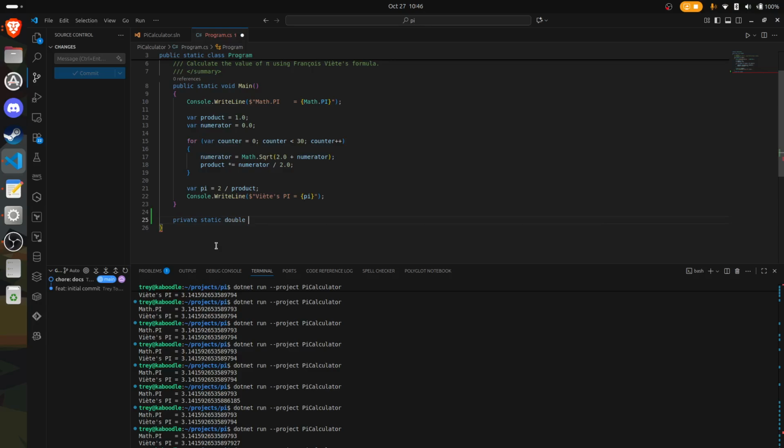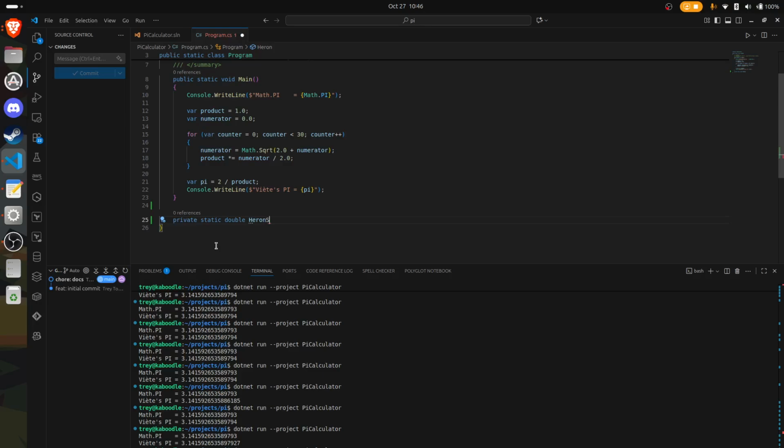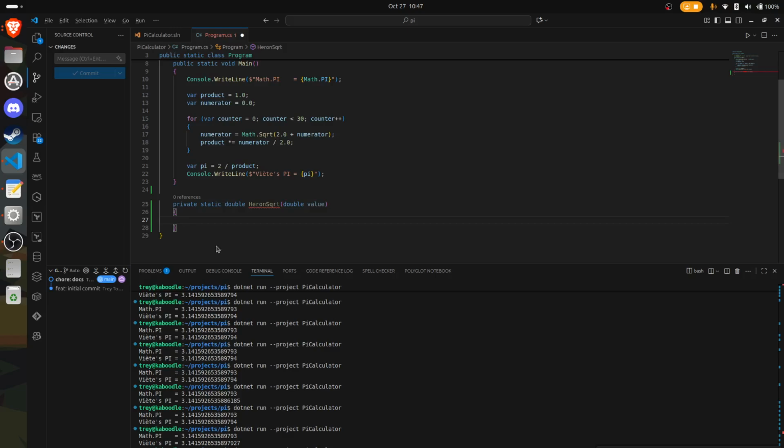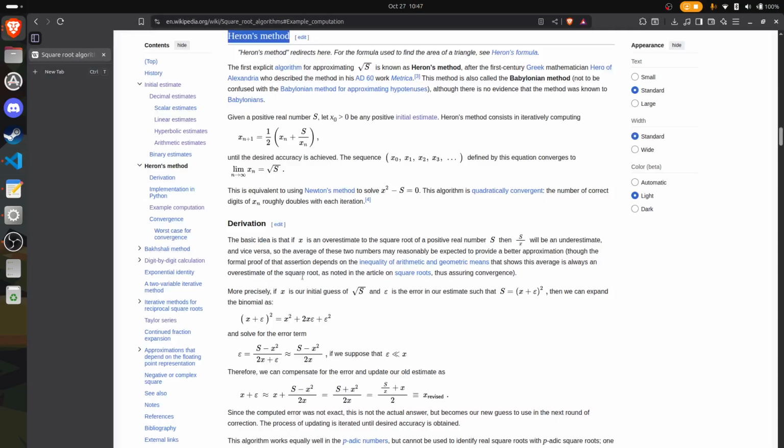We're going to start with a double just to keep everything the same, make sure it works. So, S is the number we're trying to take the square root of.